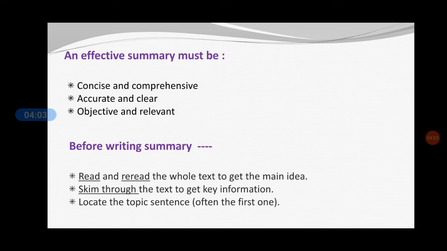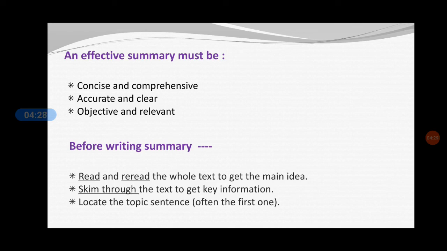Before writing a summary, these are the things mentioned here that you should do: read and reread the whole text to get the main idea. To write a perfect summary, you have to find out the main idea or main point.